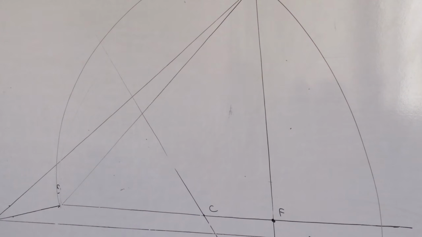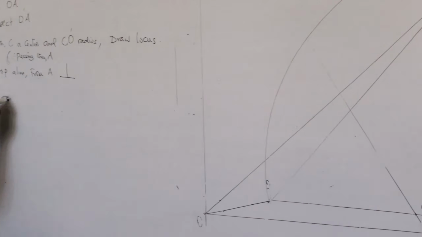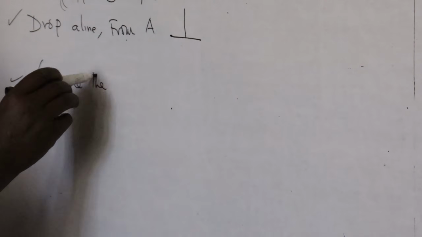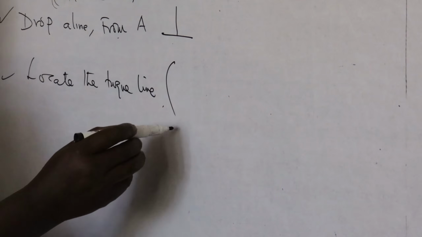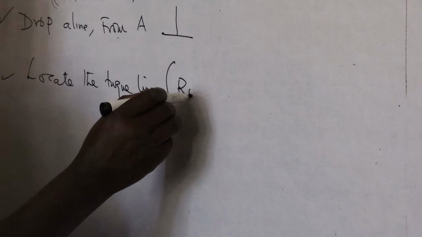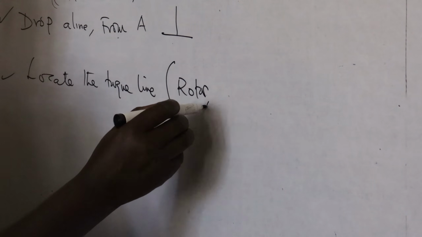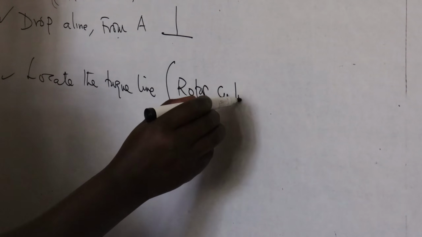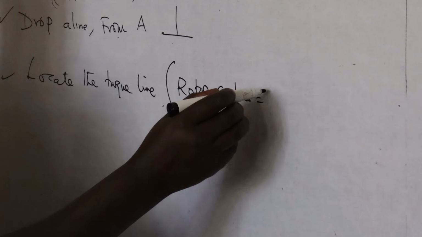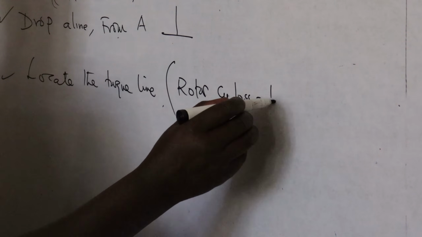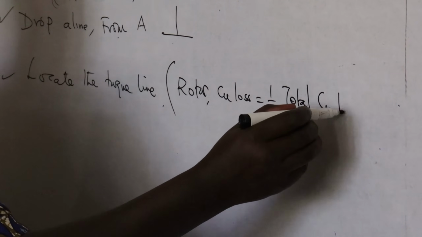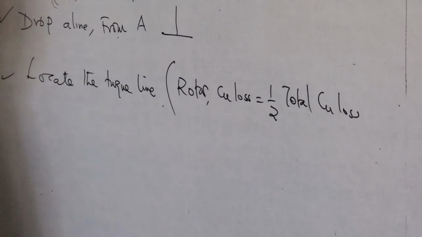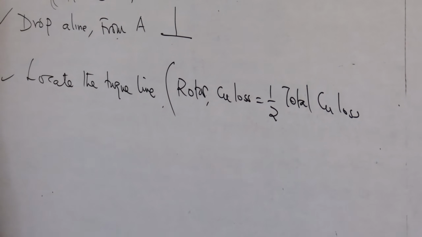Now the critical point again is here. Locate the torque line. What were we told about the torque line? The rotor copper losses, back to the question, are equal to R total. So the total copper loss is AF.